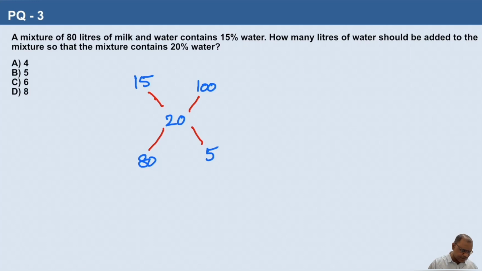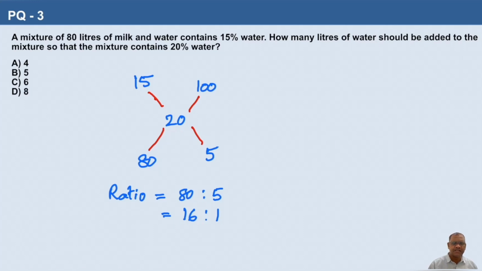So the ratio of mixture and water to be added is 80:5. That is 5 ones are 5, 5 sixteens are 80. 16:1 is the ratio of mixture and water.